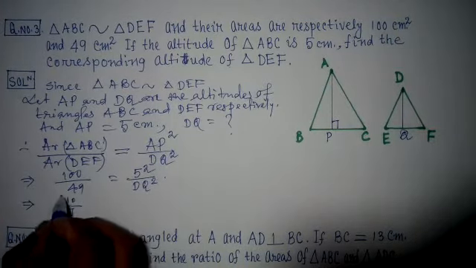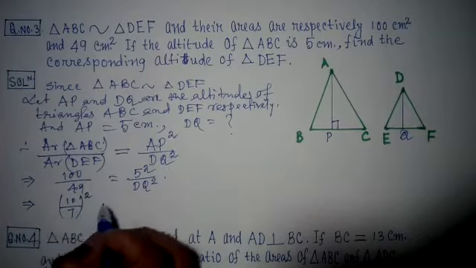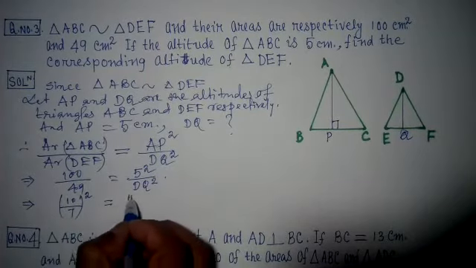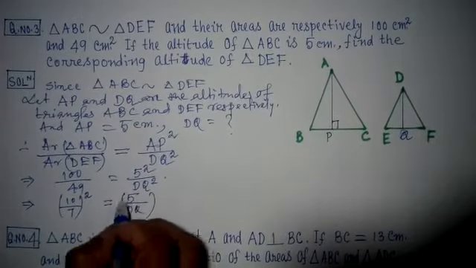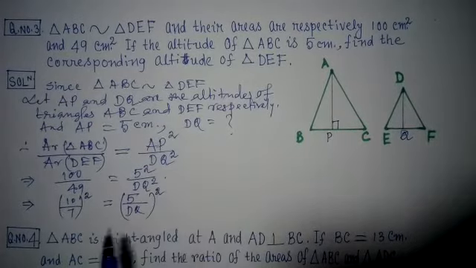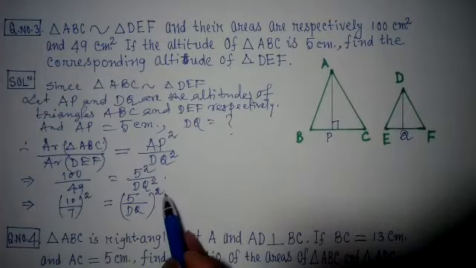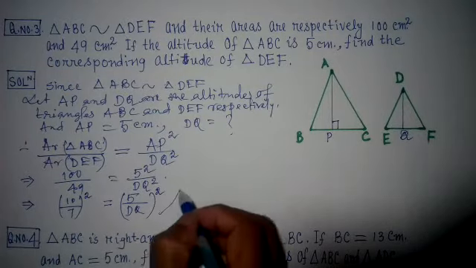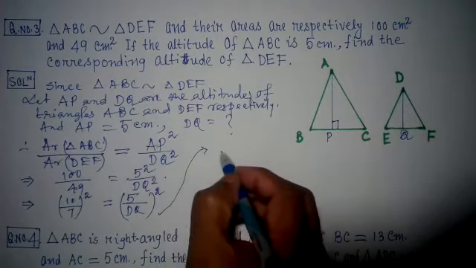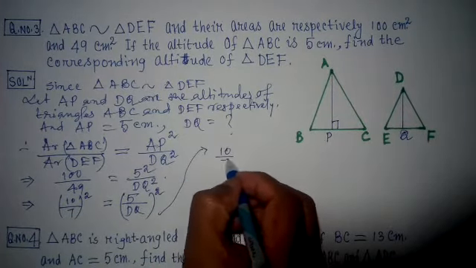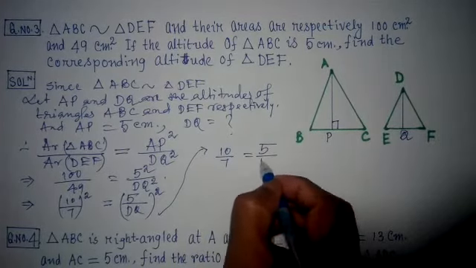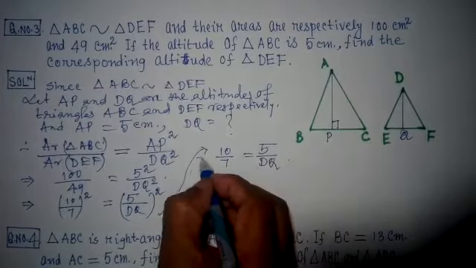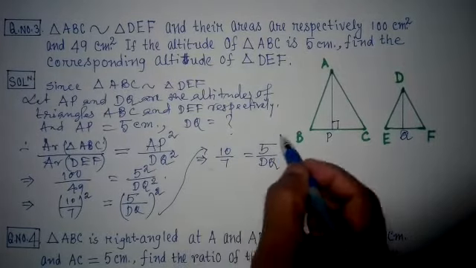So we can write together 10 by 7 whole square, and here is 5 by DQ whole square. Mentally, this square and square cancel. So we will have the next line: 10 by 7 is equal to 5 by DQ, and let us do cross multiplication.